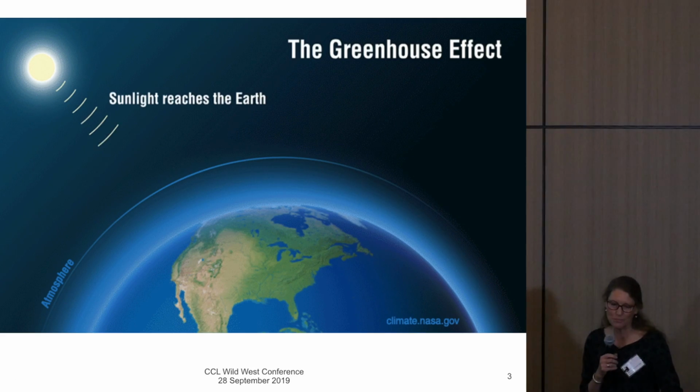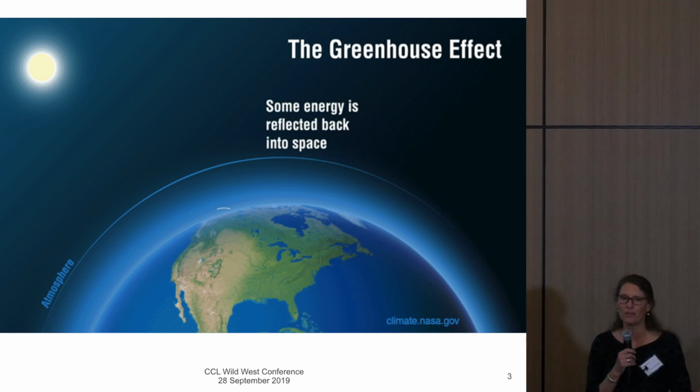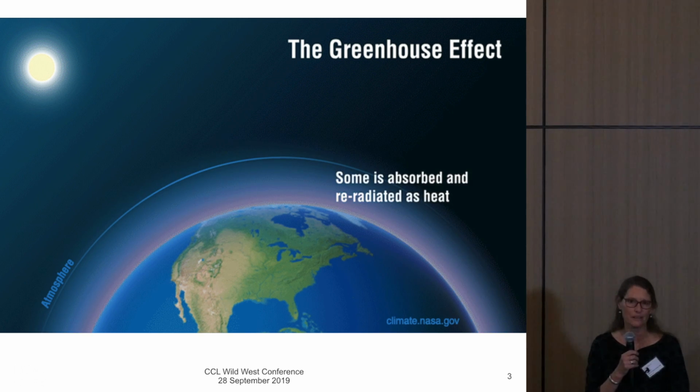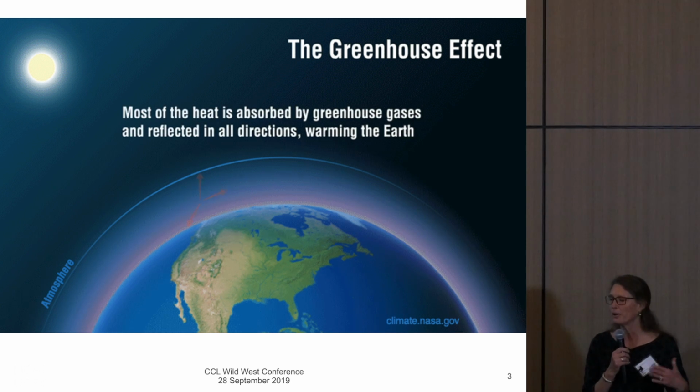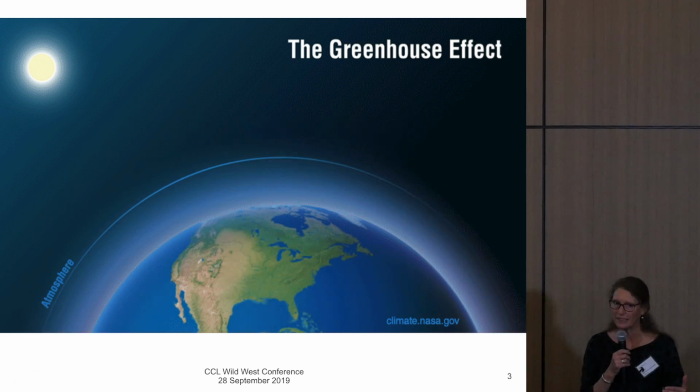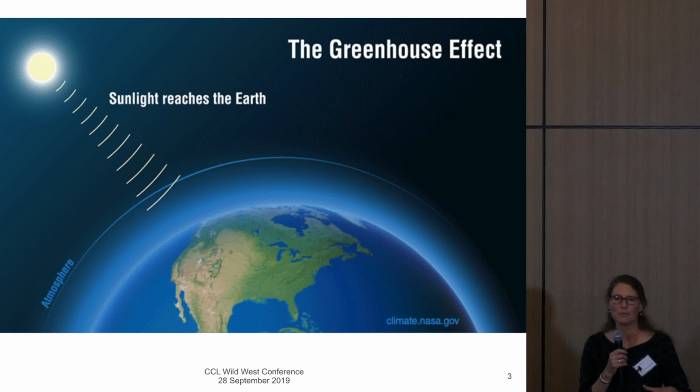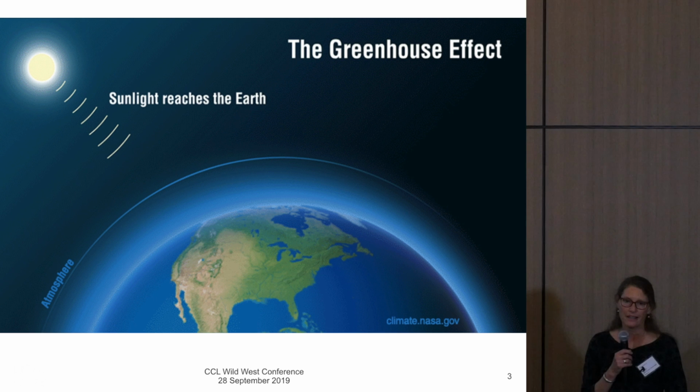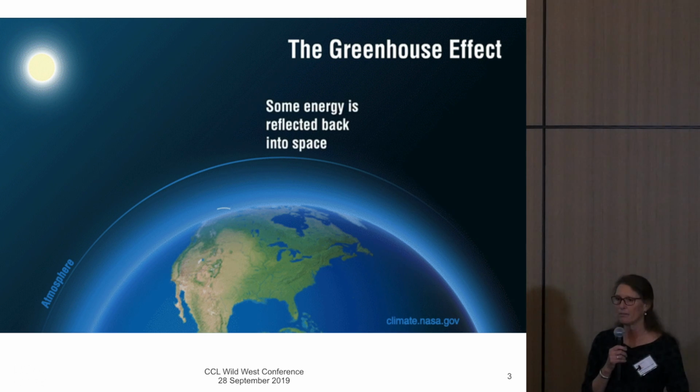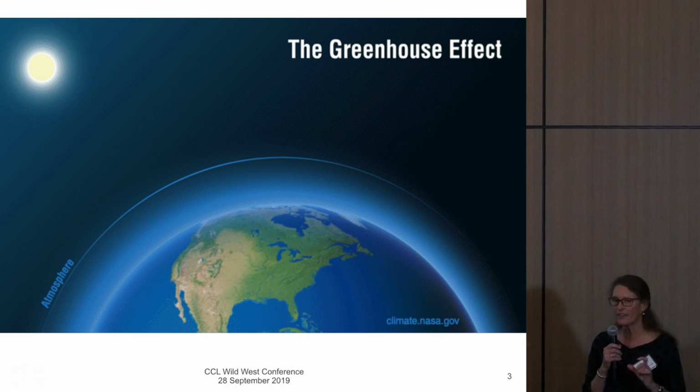So first, I'm going to step back just a minute and take a look at what we're simulating when we're simulating the climate model. One of the primary things that we're simulating, of course, is the greenhouse effect. And we have energy coming into the Earth from the sun. Some of it is absorbed, some of it is re-radiated back out to space. But much of it is absorbed in this thin layer of the atmosphere.